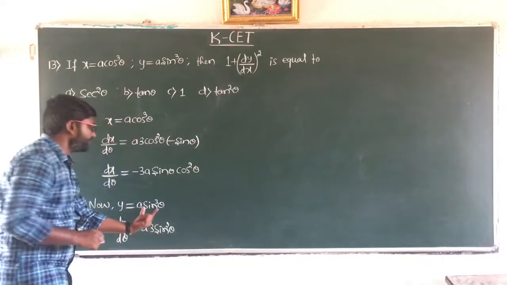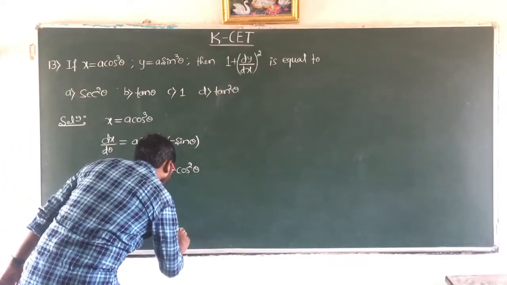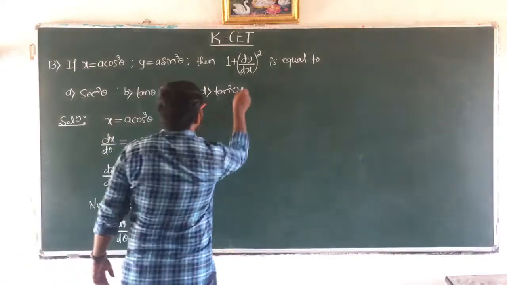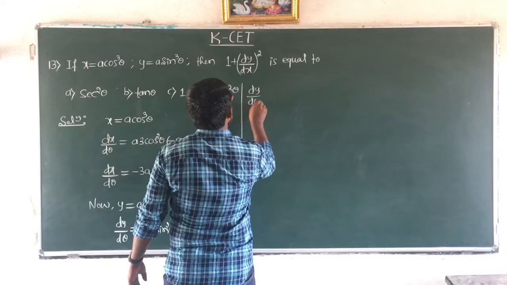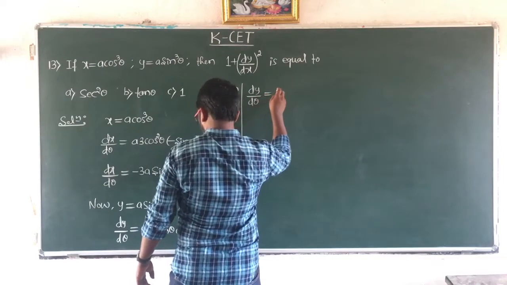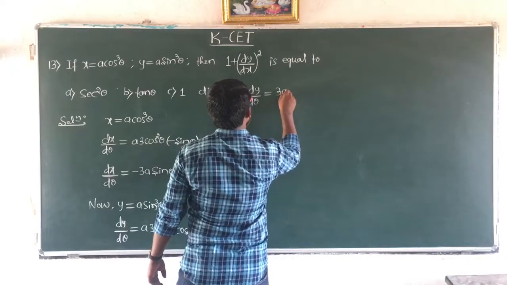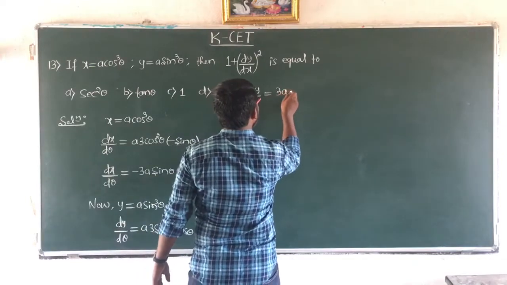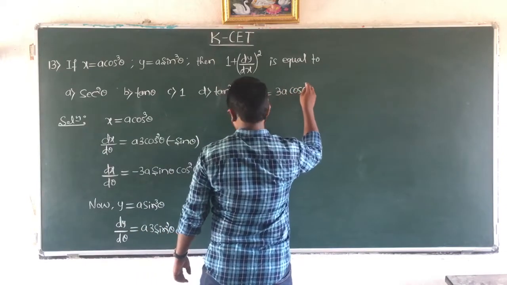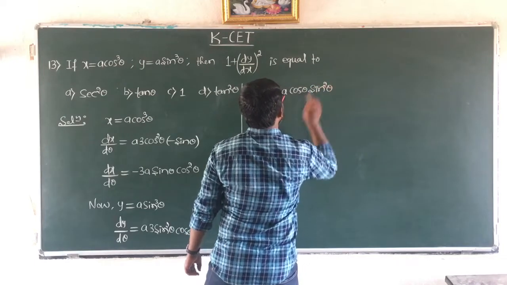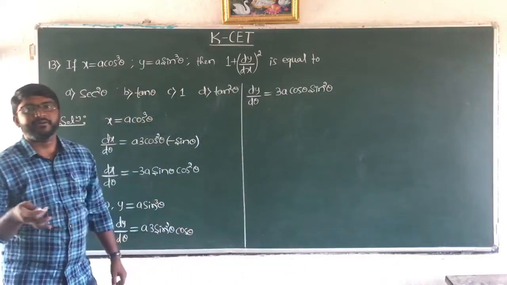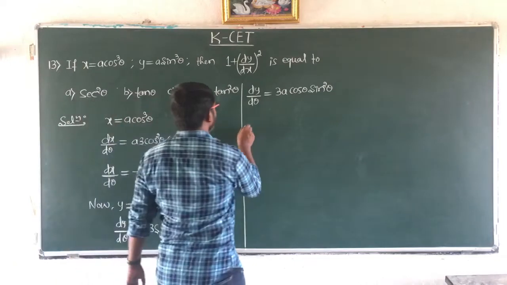Then derivative of sin theta will give us cos theta. So let us rearrange the terms. Dy by d theta which is equal to 3a cos theta into sin square theta.